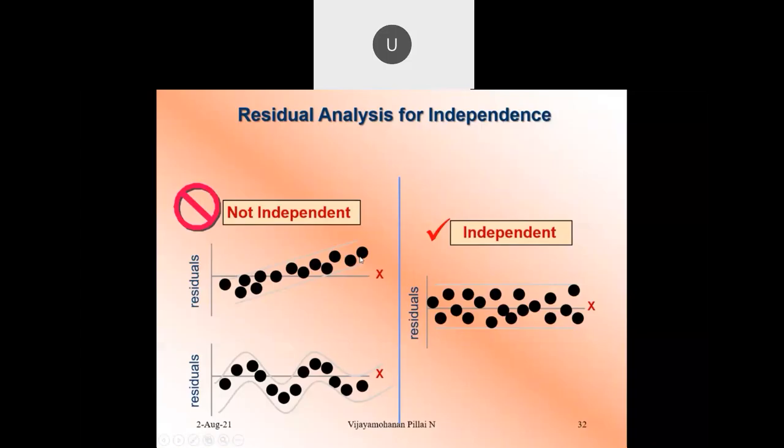That means there is some autocorrelation in the residuals, so the no-autocorrelation assumption of the error term is violated. Now, in this particular case, we don't find any autocorrelation. There is no pattern. Therefore, here the residuals are independent of each other. There is no autocorrelation. Our assumption is satisfied.